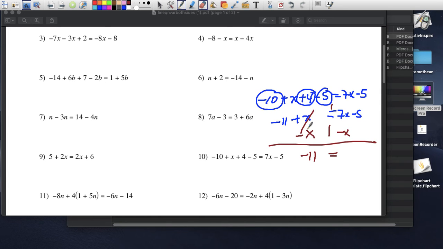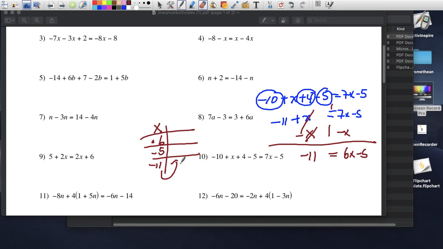And these two go away. 7x minus x is positive 6x minus 5. So now, here's my variable x, which is being multiplied by 6, subtracted 5, which gives you negative 11.